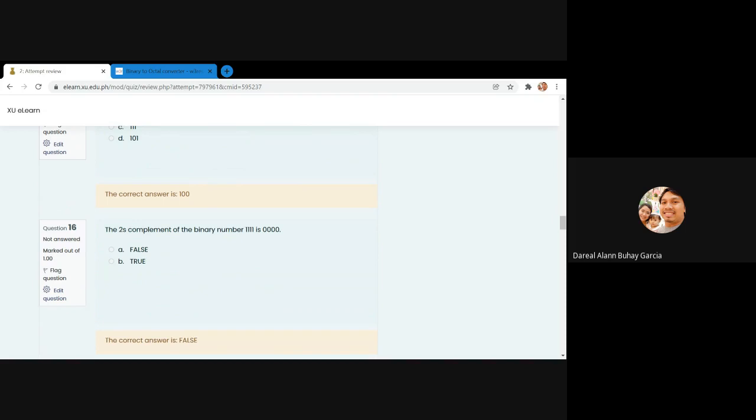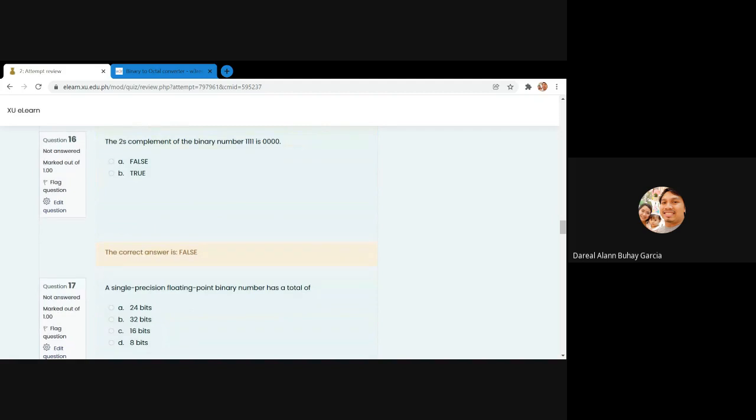That is the two's complement. Just a trivia: 1111 is the smallest negative number, so negative 1. The inverse is 0001, which is the smallest positive number.